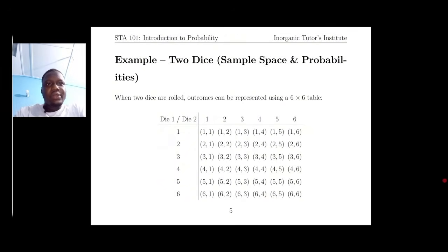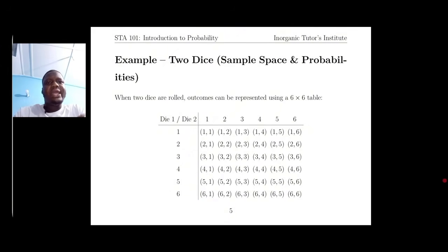Okay, so we proceed. We have an example here about the sample space when two dice are being rolled at the same time, or simultaneously.